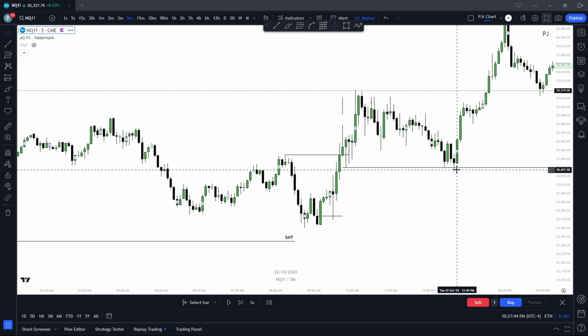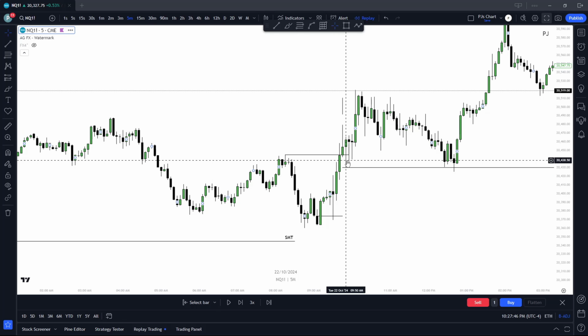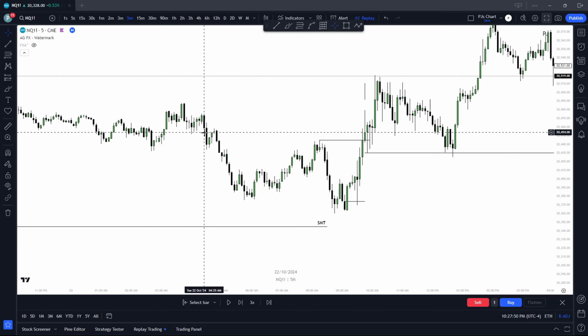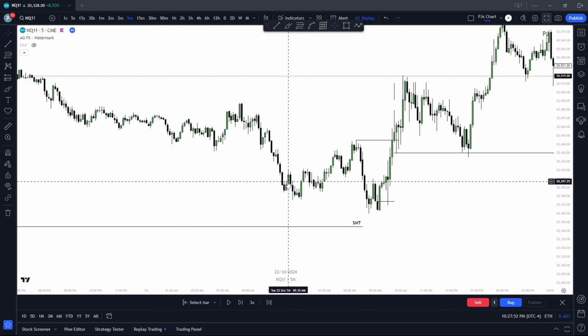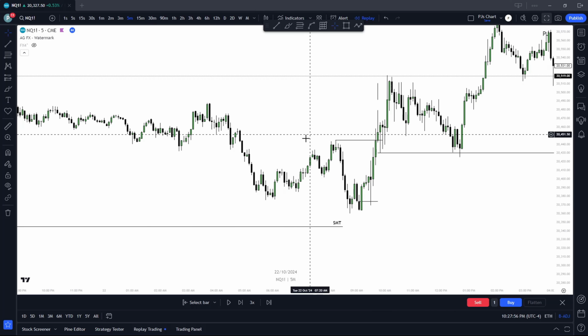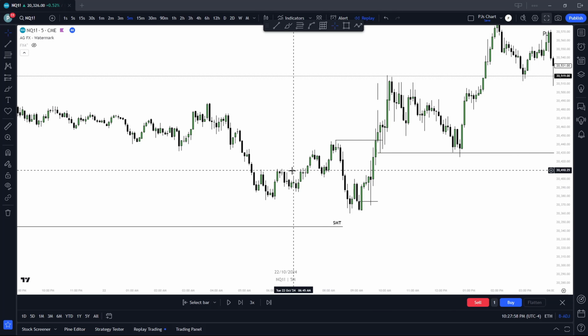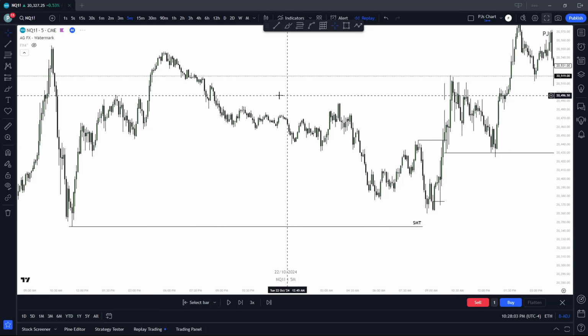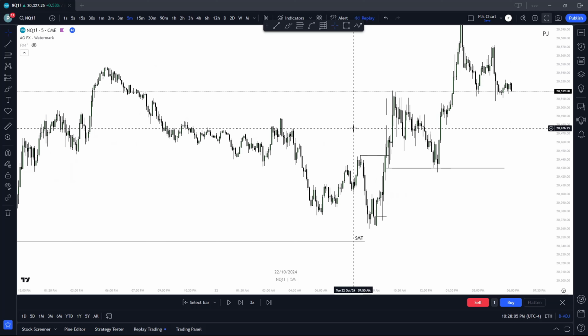We also have this setup here and this lower time frame setup here, and that's how you can zoom in and see the market maker model above these low resistance highs, the accumulation, manipulation, distribution, as well as the overall lower time frame accumulation, manipulation, distribution, aligning with the higher time frame manipulation below the low.